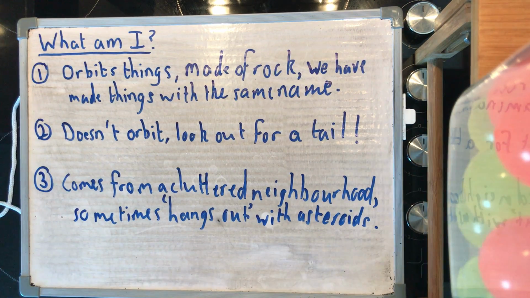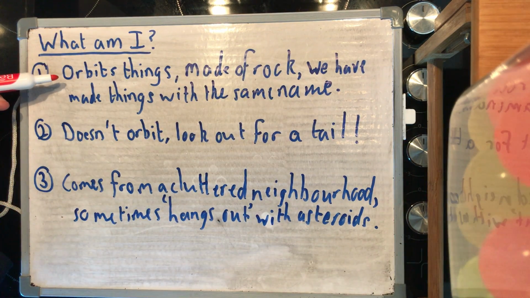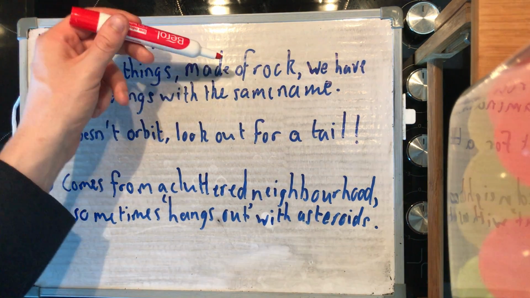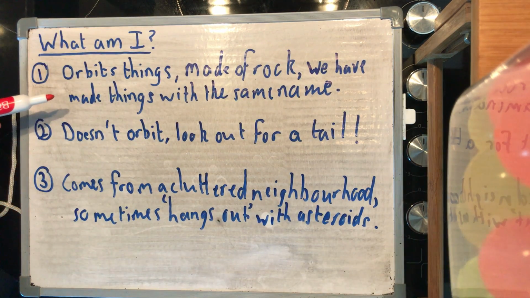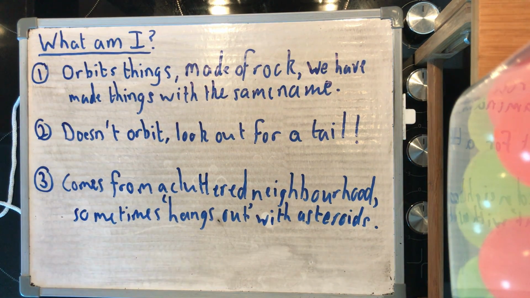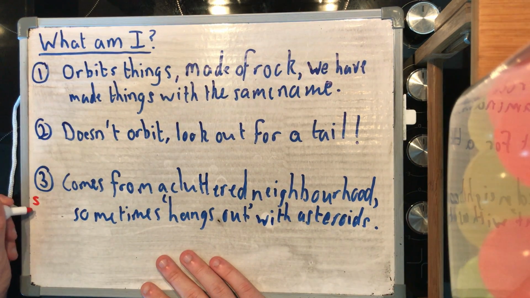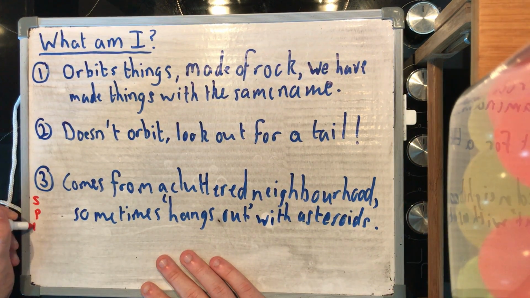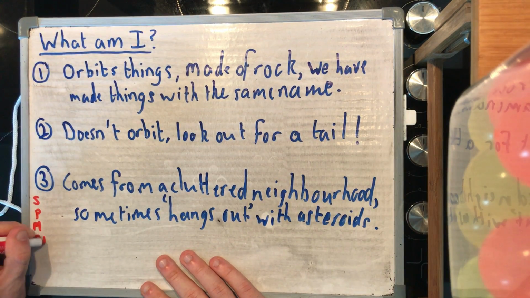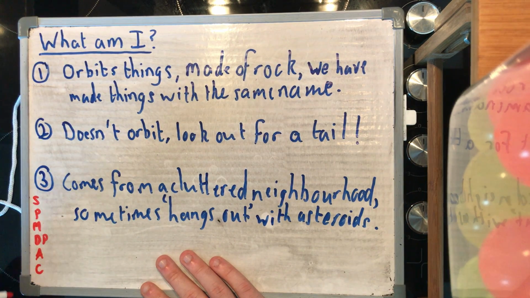So the first one: orbits things, okay? It's made of rock. And we have made things with the same name. So if we run down the components of Sol, we have the sun, planets, moons, dwarf planets, asteroids, and comets.